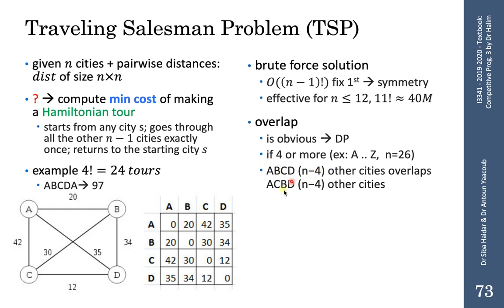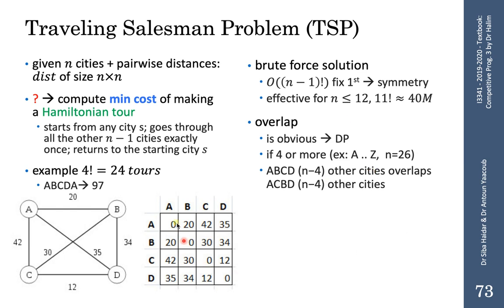You are reaching a general case where, for example, you have visited in order A, then B, then C, then D, and you still have n minus 4 other cities to visit, and you don't know which order gives you the minimal cost. It overlaps with the case when you have already visited in order A, then C, then B, then D, because the same cities remain to be visited.